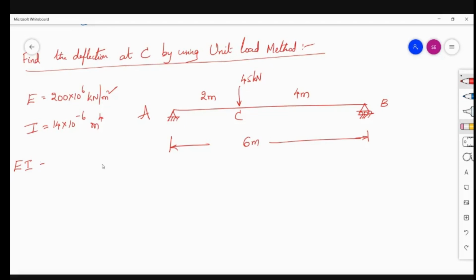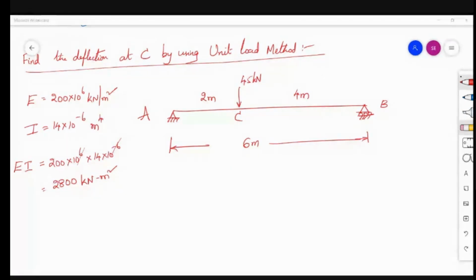So the flexural rigidity EI is 200 into 10 power 6 into 14 into 10 power minus 6, which is 2800 kilonewton meter square. That is the flexural rigidity value.